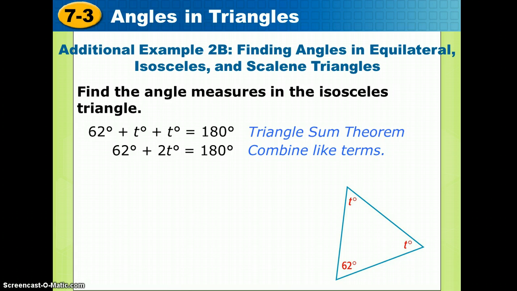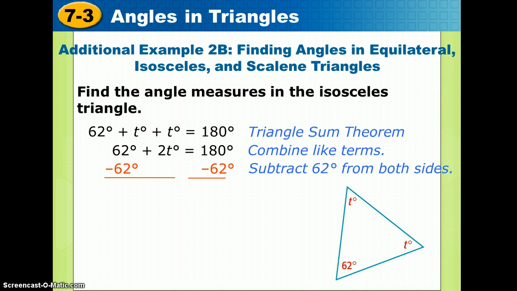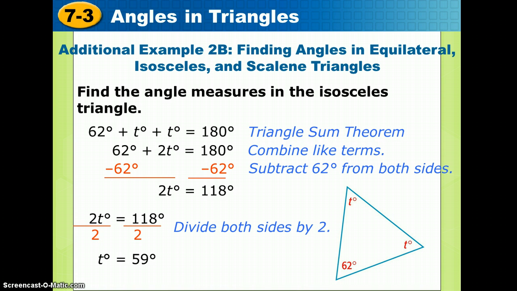Solving this like our normal two-step equation, we would first get rid of the 62 by subtracting it from both sides to keep our equation equal. That leaves us with 2t equals 118 degrees, and to solve for t, we simply do the inverse operation, which means divide by 2, and we'll find out that t equals 59 degrees. And we can plug that in for both of our t's, add that to the 62, and verify that our answer is correct.